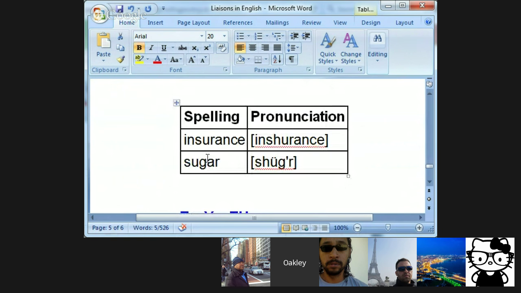S and Y, which usually you don't see very often except in words. Okay, Marcus. Insurance. I get the second syllable stress. Insurance. Okay, that's it.